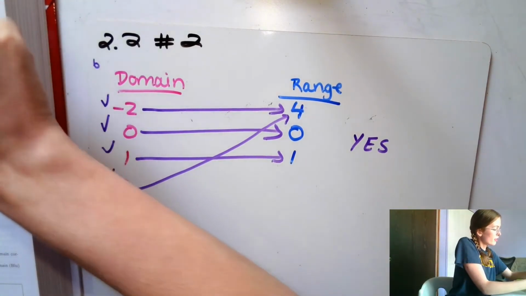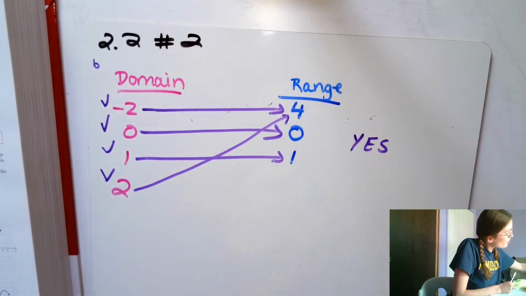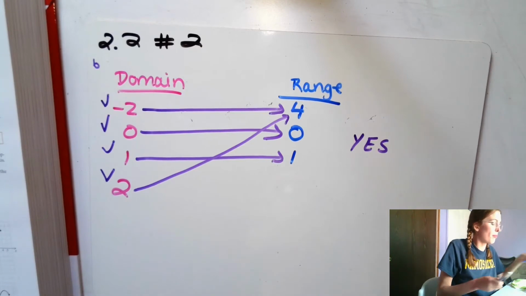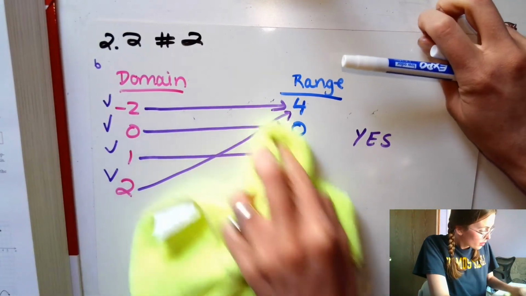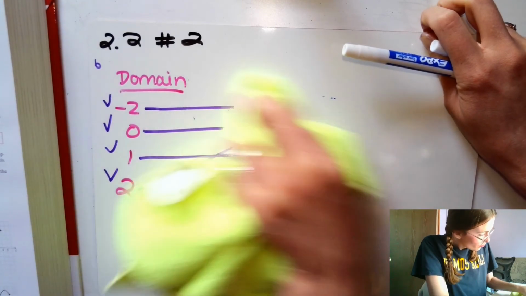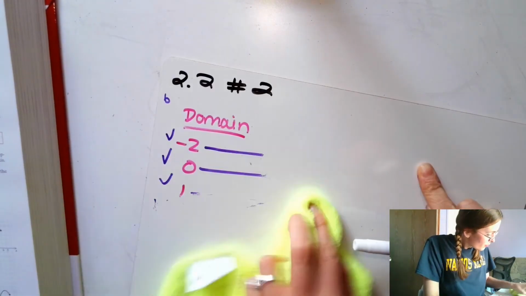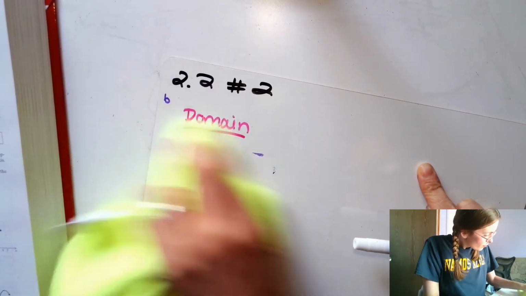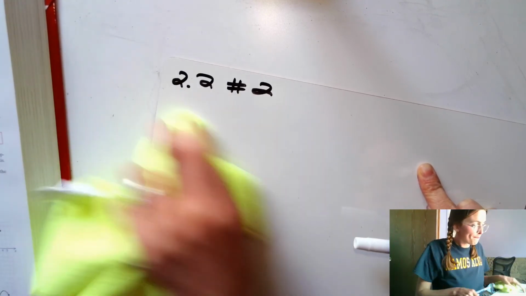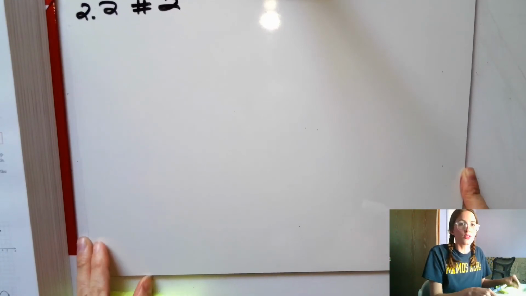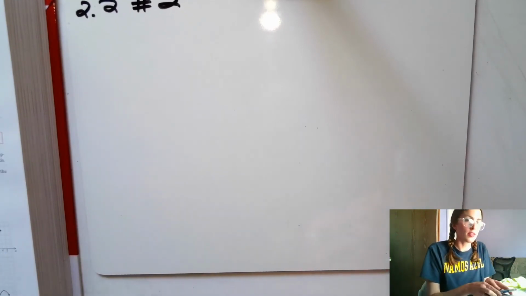Okay, part C here. The correspondence that assigns to a best-selling author the titles of books written by that author. Okay. So let's think about this for a second.